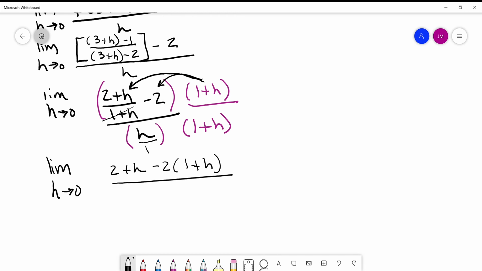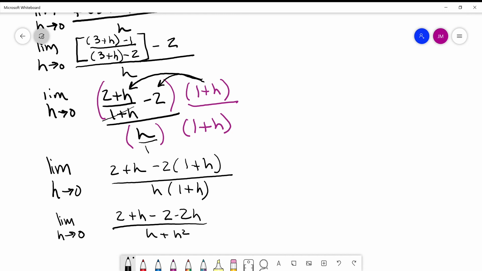On the bottom, I'm not going to distribute that at all. I like that it's in a nice factored form already for me. And we're going to clean this up a little bit. So 2 plus h minus 2 minus 2h all over h plus h squared.